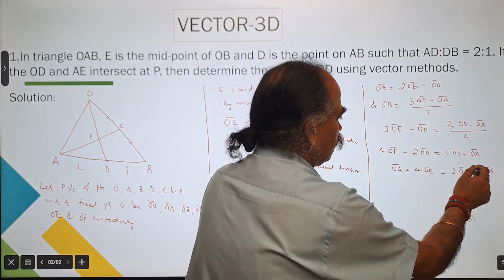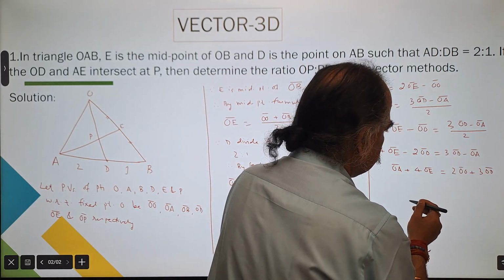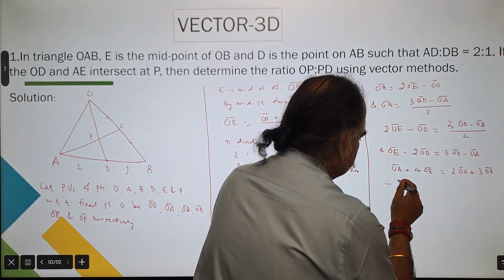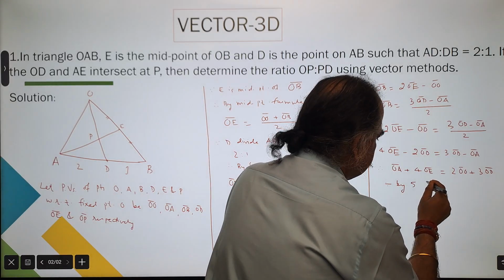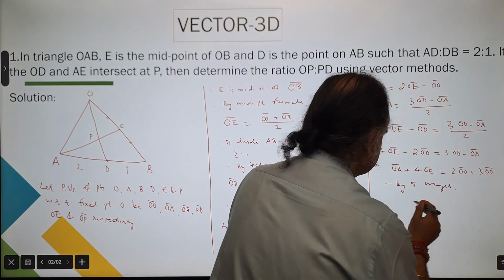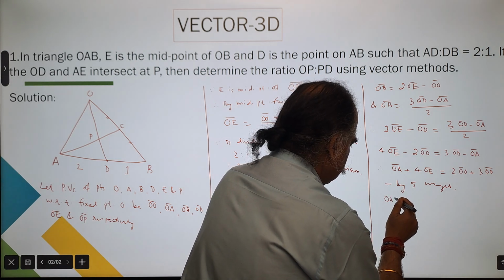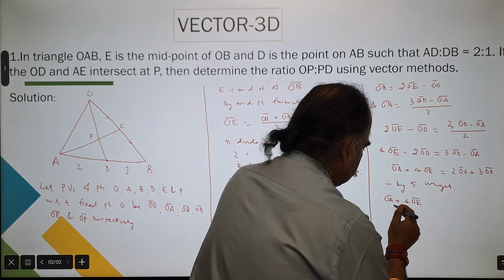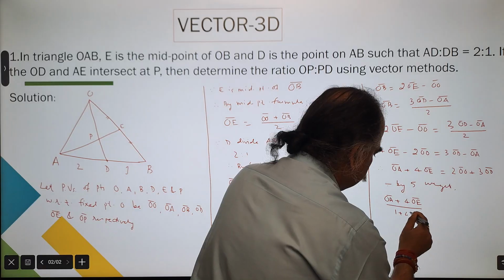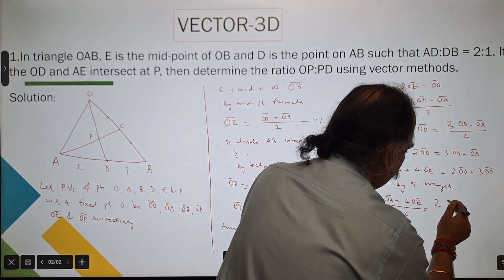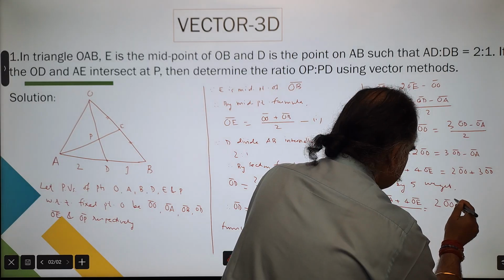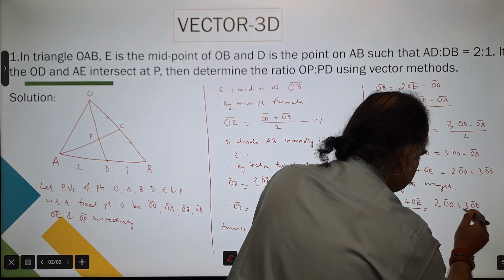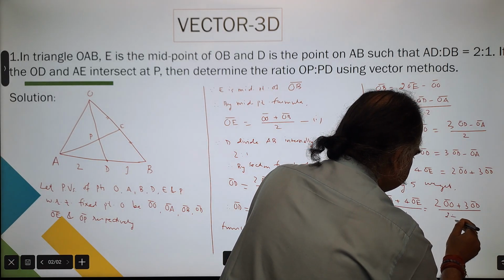Now 1 plus 4 is 5, 2 plus 3 is also 5. Dividing by 5 we get OA bar plus 4 OE bar upon 1 plus 4 is equal to 2 OO bar plus 3 OD bar upon 2 plus 3.